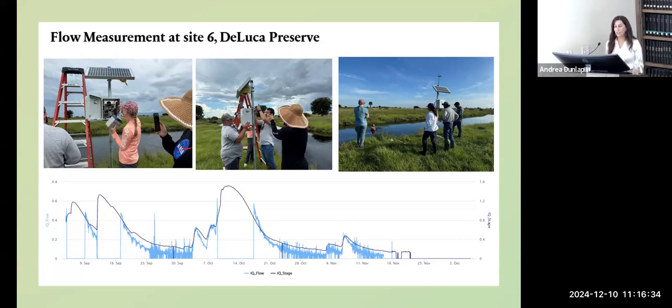By having these 2 stations set up and getting the data, and of course sharing with other colleagues and research groups, we hope to contribute to hydrology studies for the Lupa Preserve.